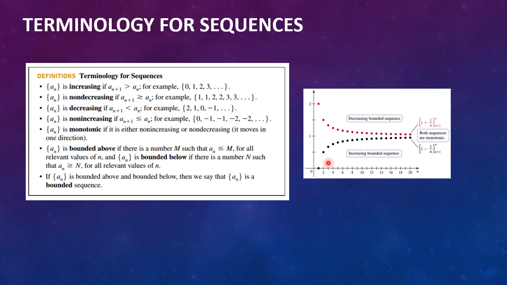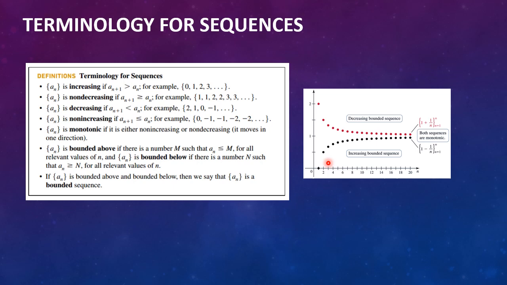We say a sub n is bounded above if there is a number m such that a sub n is less than or equal to m for all relevant values of n. And it's bounded below if there's a number n such that a sub n is greater than or equal to n for all relevant values of n.